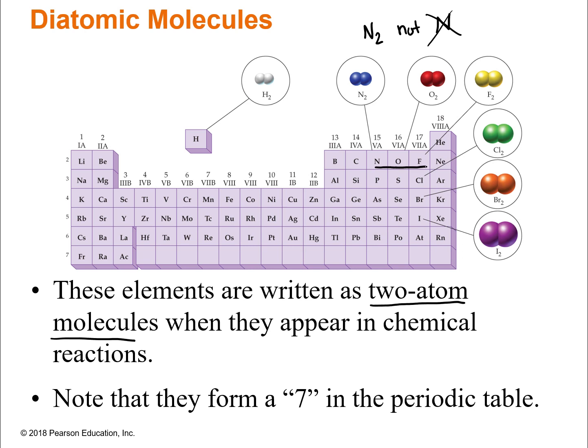One of the ways to remember these, in addition to the hydrogen, the others form a 7 on the periodic table. We're pretty much looking at the large majority of the non-metals that do chemistry. So you'll need to take note of these diatomic molecules.